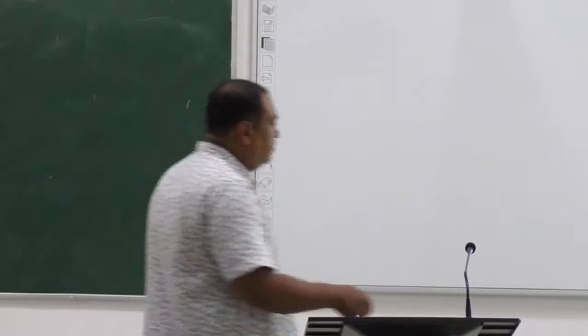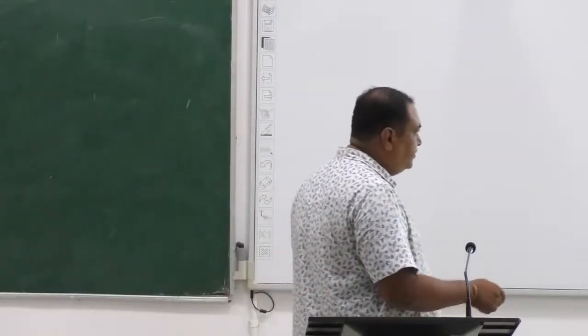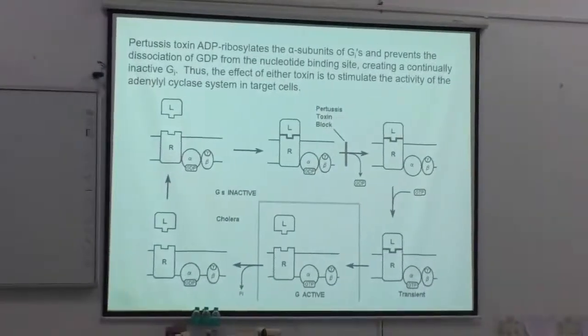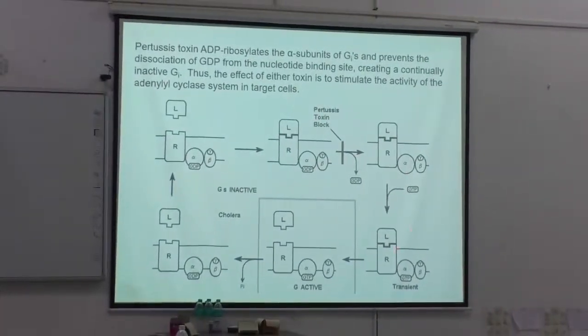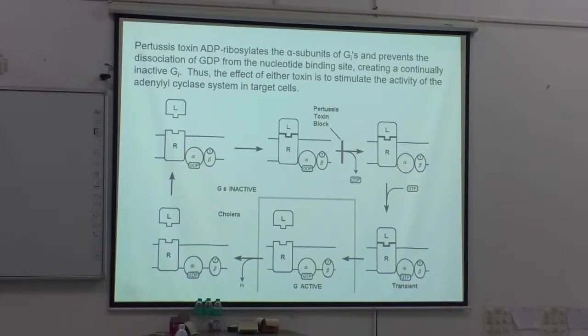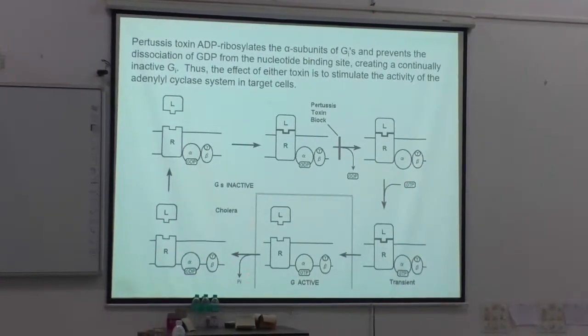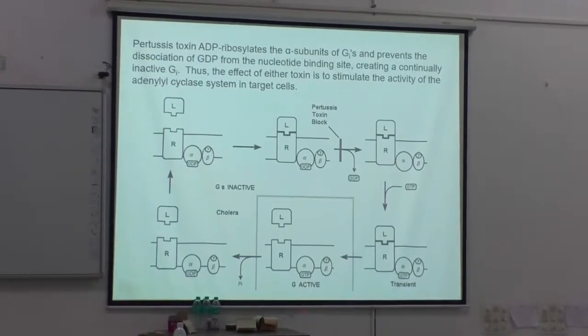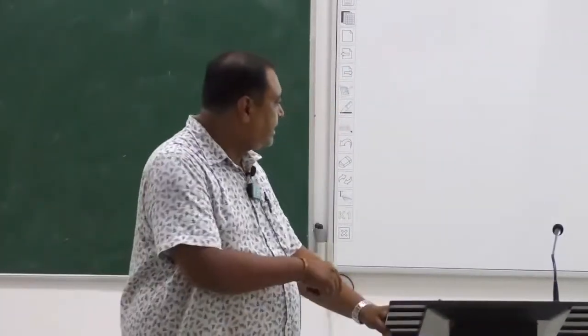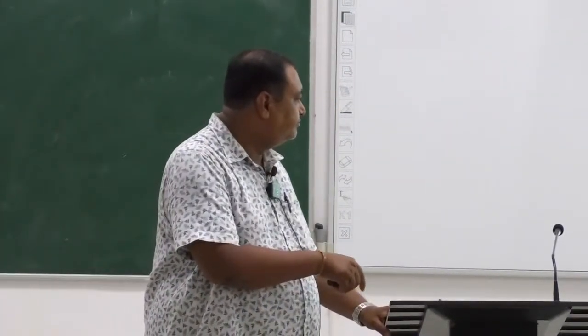Suppose this step is escaped. There is no pertussis toxin. But it will come to here. Where? Cholera. Cholera toxin will ADP ribosylate G alpha in such a manner that they cannot get separated.